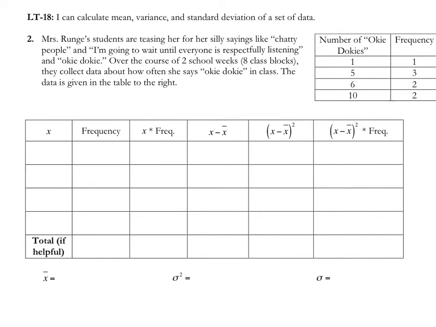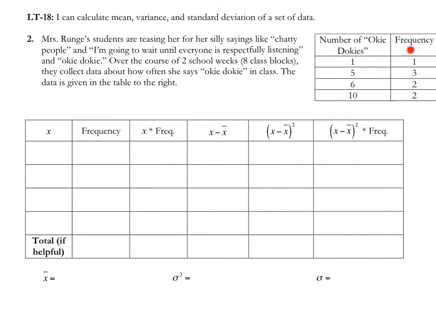Now, we could sort of figure this out, right? Like there's 1 1, so we have to include 1 once. And then there's 3 5s, so we would have to include 5 3 times. And then there's 2 6s, so we would have to include 6 twice. So you could go like 1 plus 5 plus 5 plus 5 plus 6 plus 6 plus 10 divided by 8.